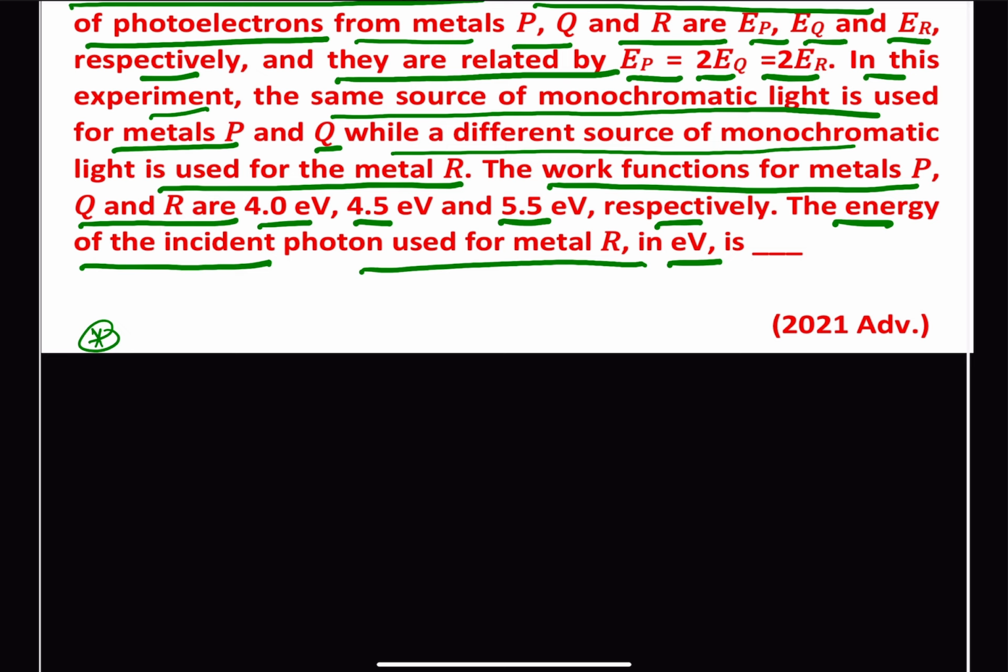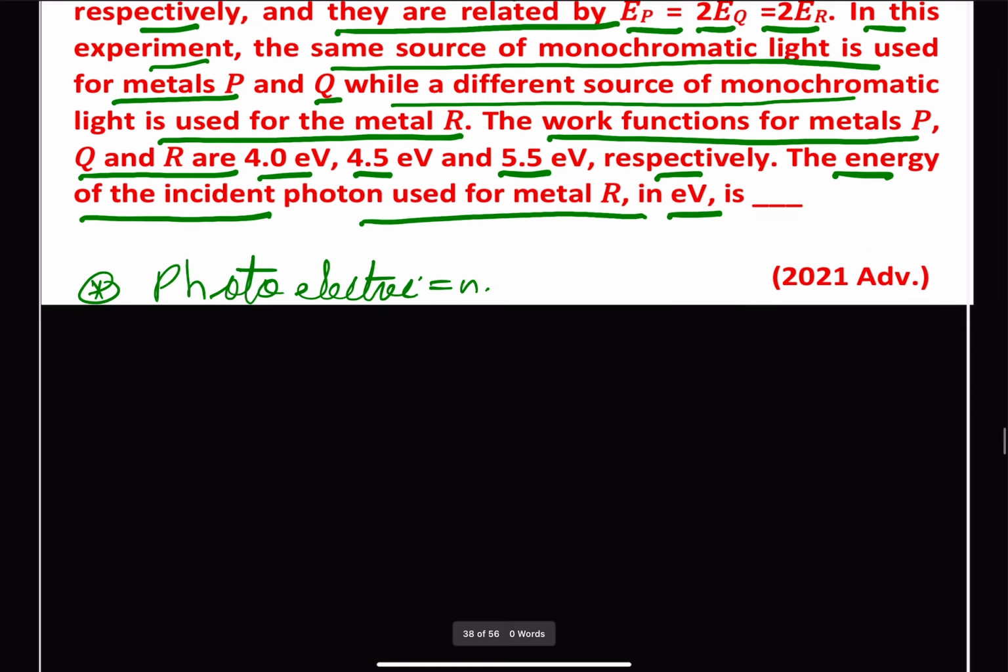So we can say that photoelectric equation, which gives us that our maximum kinetic energy will be equal to hc upon lambda minus phi, where phi is the work function and hc upon lambda is nothing but our, you can say, photon energy.